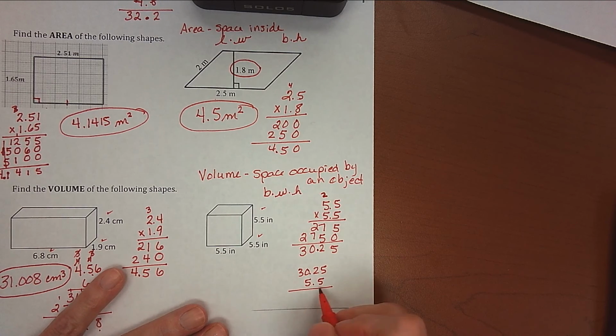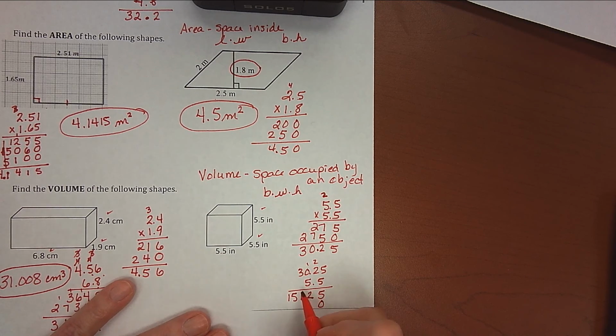And here we go again. 5 times 5, 25. Carry my 2. 10 and 2 is 12. Carry my 1. 5 times 0 is 0, plus 1 is 1. 5 times 3 is 15. Moving over a digit, add a 0. 5 times 5 is 25. Put down my 5. Carry my 2. 5 times 2 is 10, plus 2 more is 12. Put down my 2, carry my 1. 5 times 0 is 0, plus 1 is 1. 5 times 3 is 15.